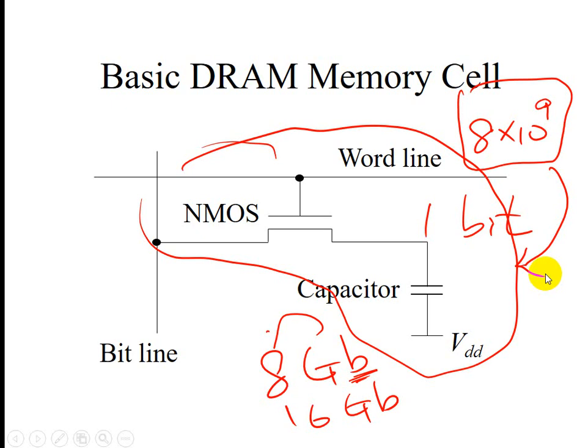So you can think about how many switches and capacitors are put into your memory chips. That's why we need to push the manufacturing process to go as small as possible, so you can put more devices into a chip. That will give you more powerful applications.